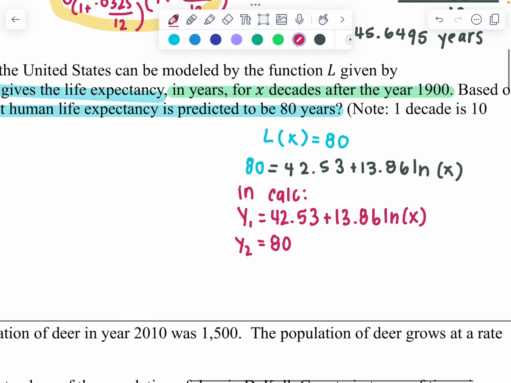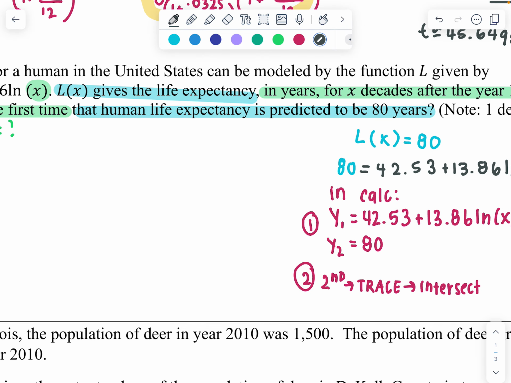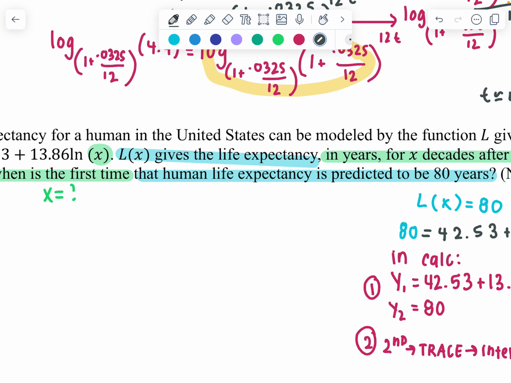Then, as step 1, you're going to do second, trace, intersect, to find their intersection point. When you find your intersection, you should get that x is 14.931353.